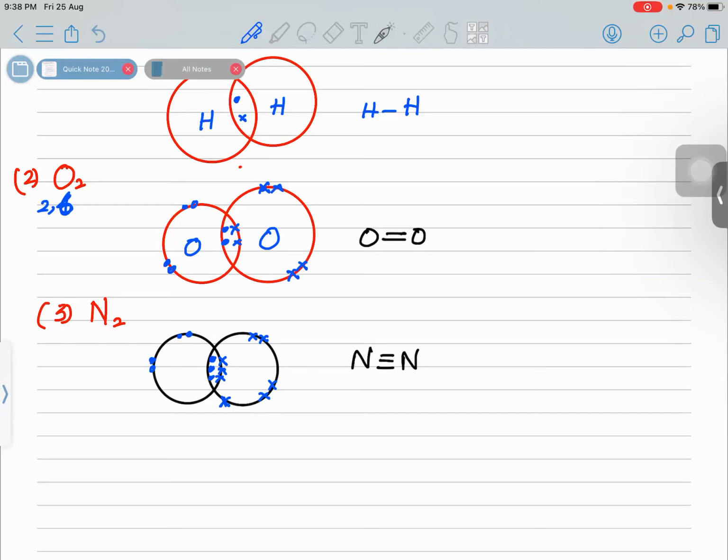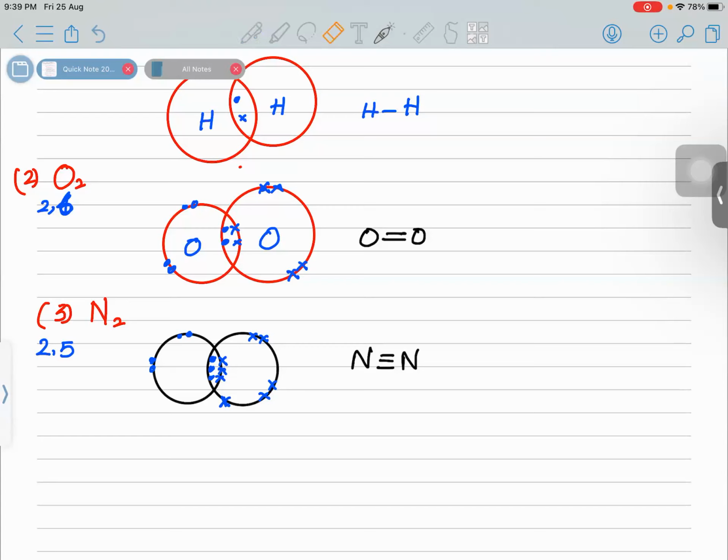And we need 8 electrons. Nitrogen is 7, so in the first shell we have 2 electrons and in the second you have 5 electrons.